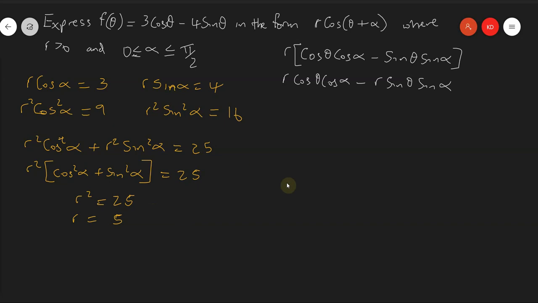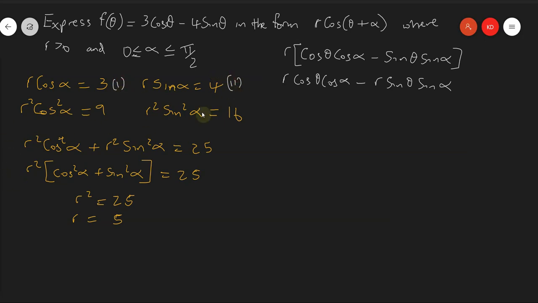Okay, so let's continue. Oh, and also what we need to do is to find alpha now. Let's call this equation 1, and that equation 2.